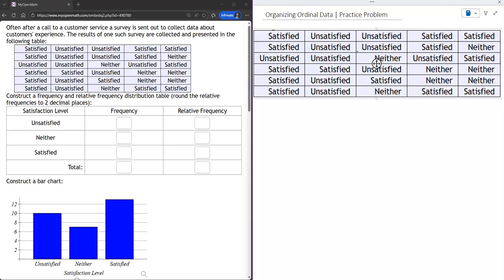To create the frequency distribution table, we're going to first list all possible values in some logical order, and then we're going to do the tally.